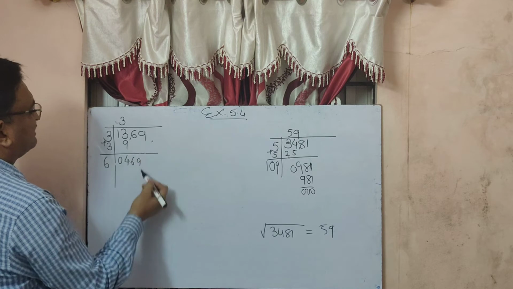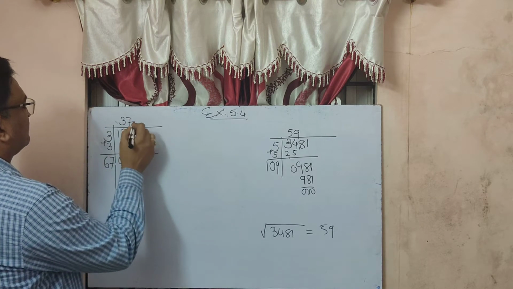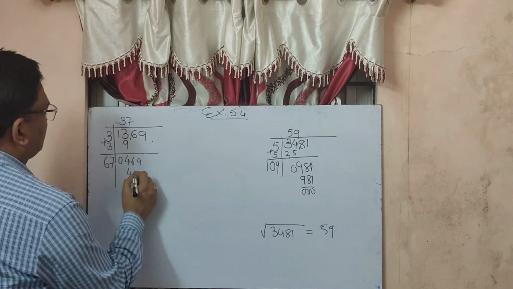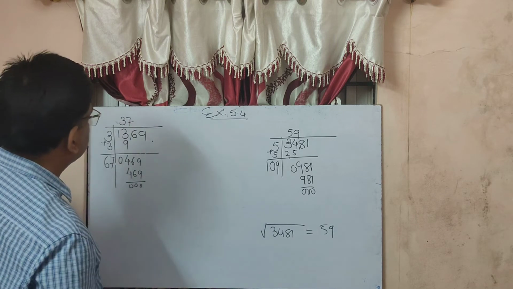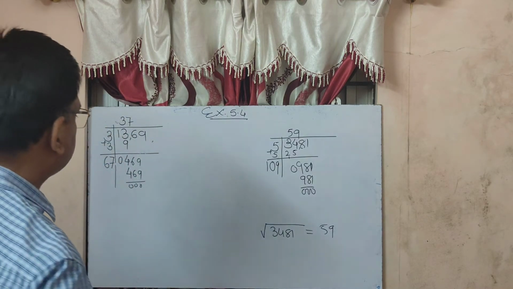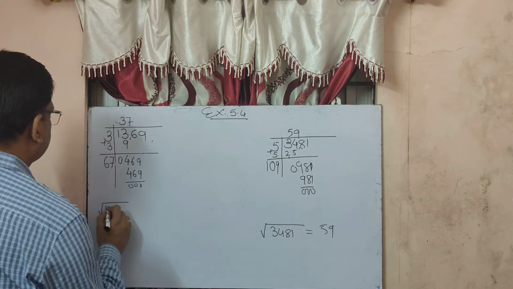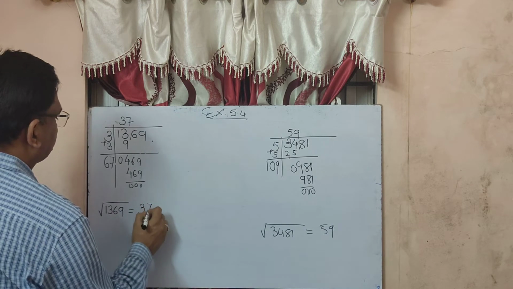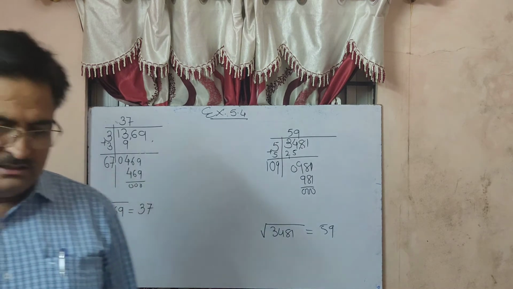But 63 into 3 is very less. So you can try 67. 67 into 7 is 469. Directly you got the answer. So the square root of 1369 is equal to 37.